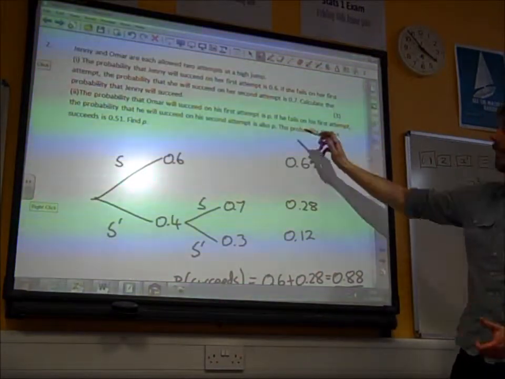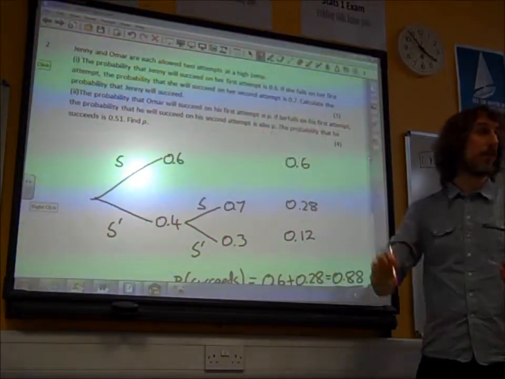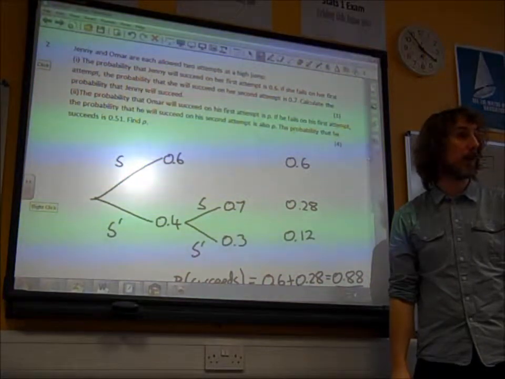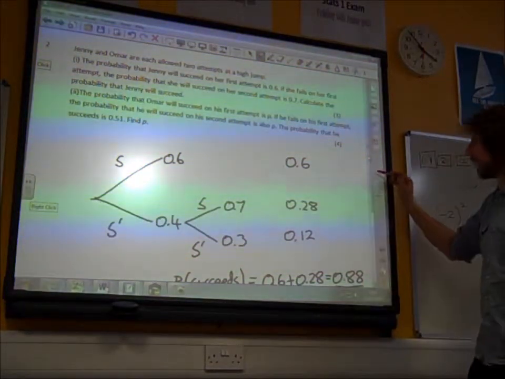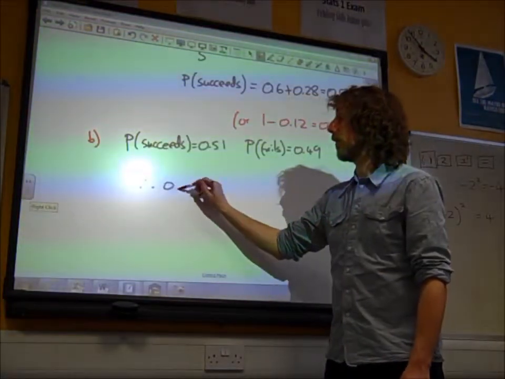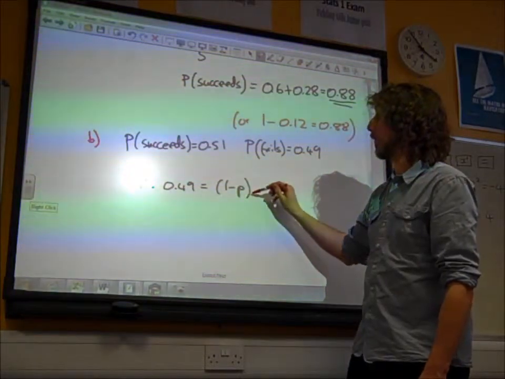The probability that he succeeds on any attempt is P. What's the probability of him failing on any attempt? It's 1 minus P. So actually this figure of 0.49 equals a failure followed by a failure.